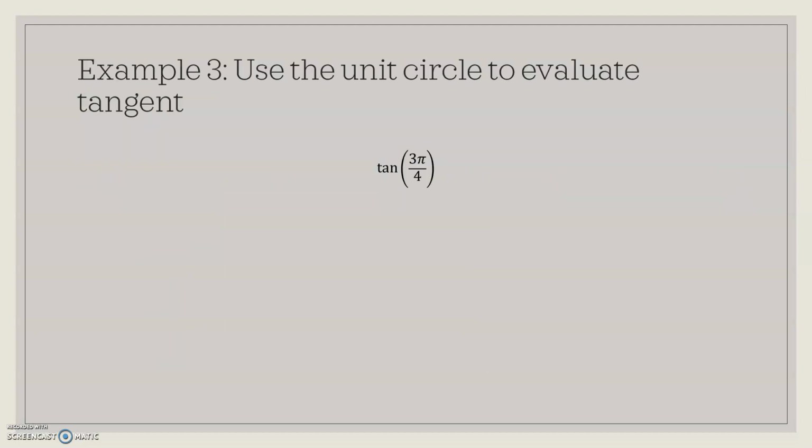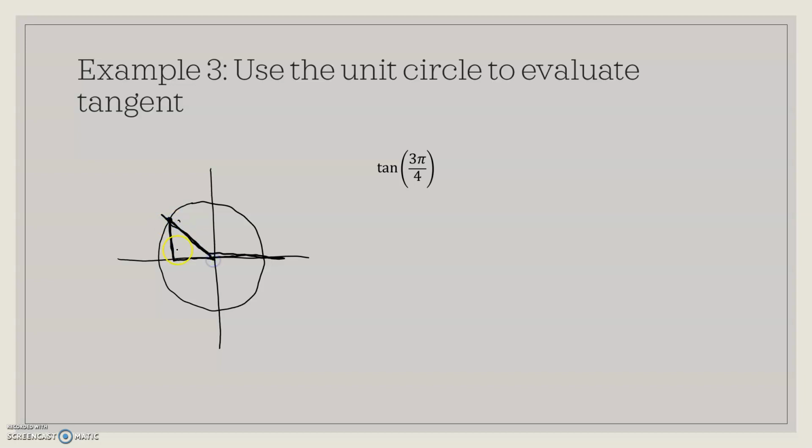All right, so in this example, we're going to use the unit circle to evaluate tangent of 3 pi over 4. All right, so 3 pi over 4 would be right here. And my reference triangle would be, drop down to the x-axis to get my reference triangle.